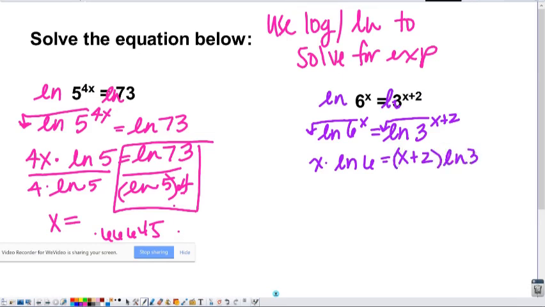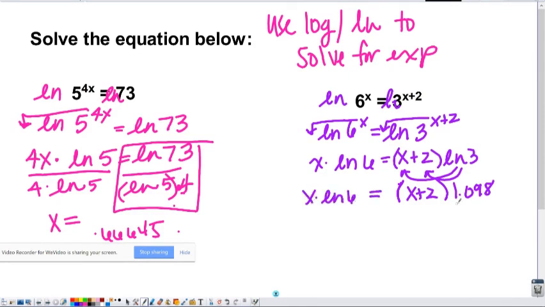So the first thing that I'm going to do, and this seems weird, but natural log 3 is a number, so I need to distribute it to both pieces. So I'm going to start by making mine a decimal. So I'm going to find natural log 3. I'm going to do it on my calculator next to me instead of Desmos. So now I have, this is x plus 2. 1.098 equals x times natural log of 6.